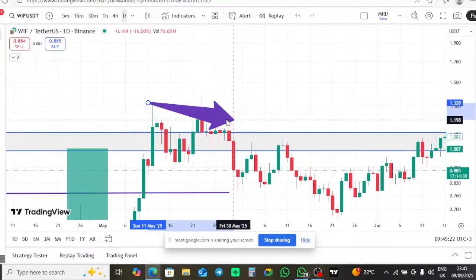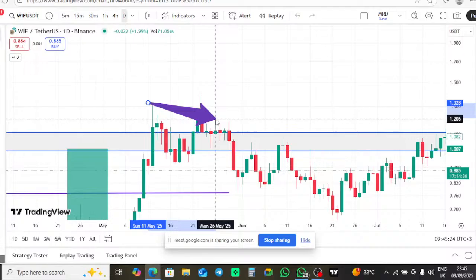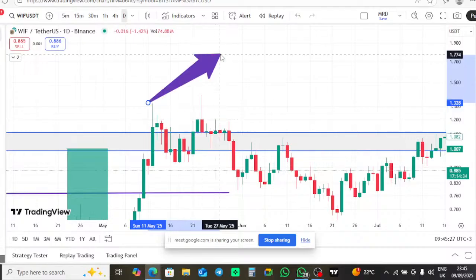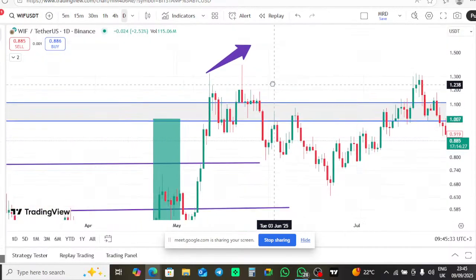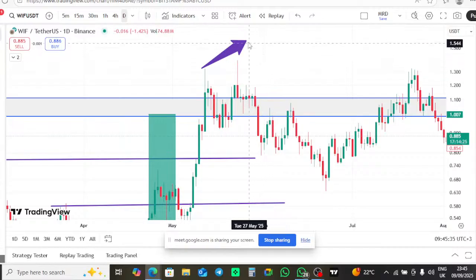Hey, it is luring you. You enter, they move up. They take your money. Please wait for a good rejection candle, then followed by a bearish candle.